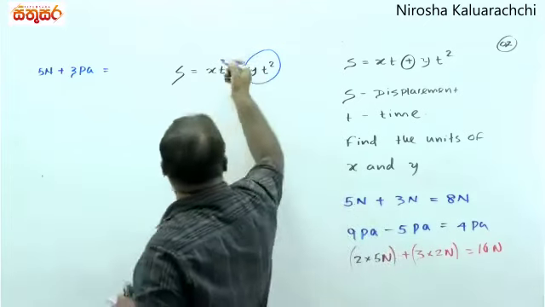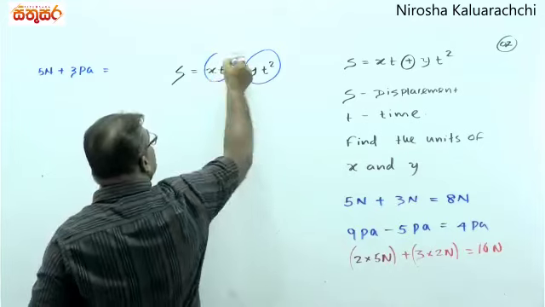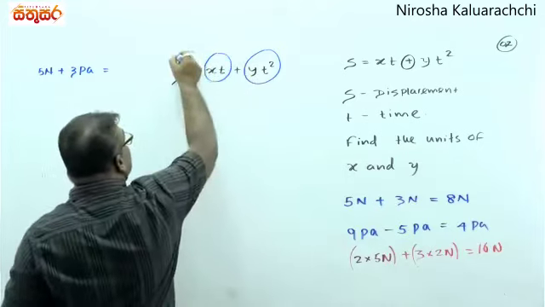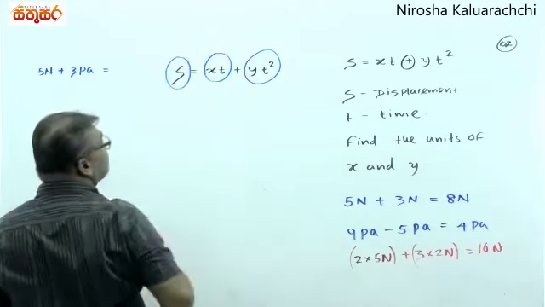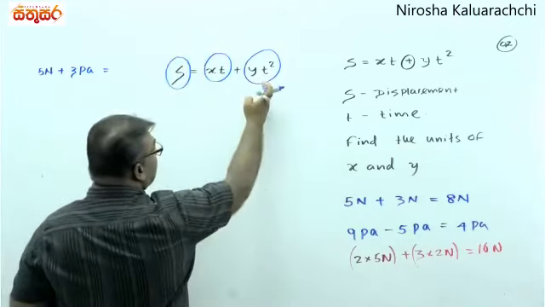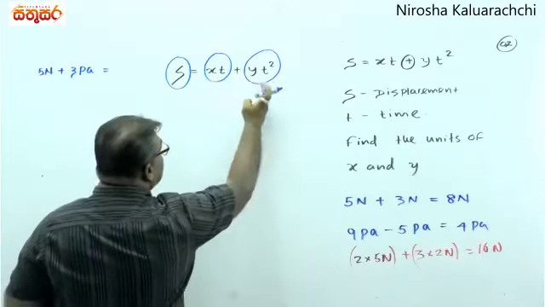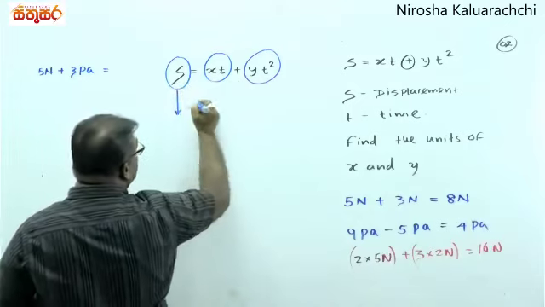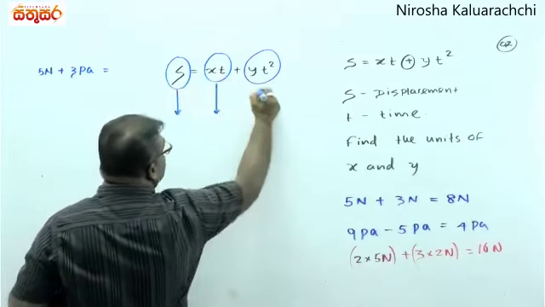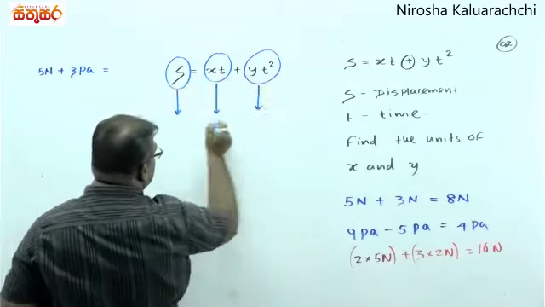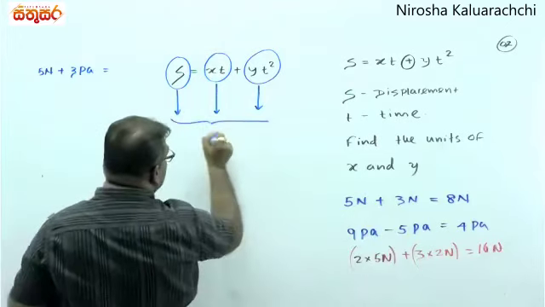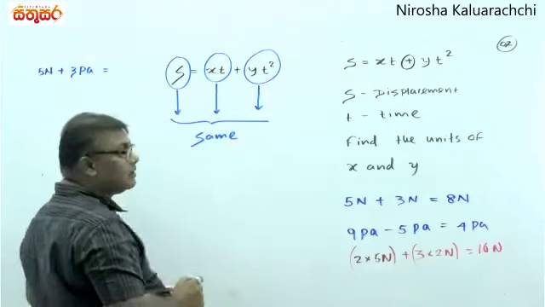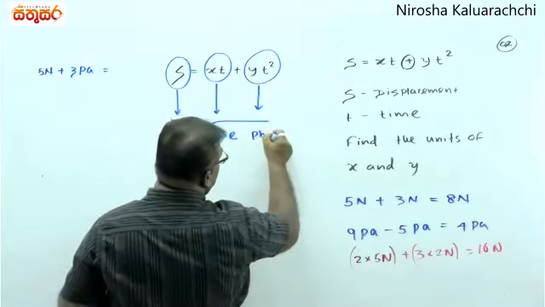This one is added with this one, right? And it is equal to another one. So this one added with this one and the result is this one. So then you have to say this and this should represent the same physical quantity.